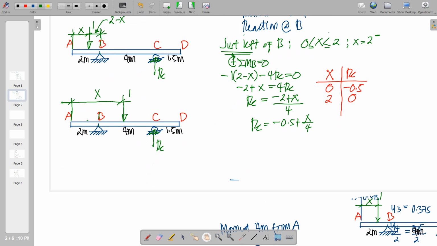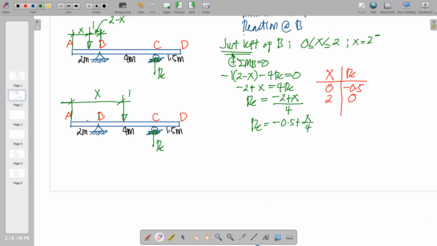Just the same, we will take moments at B in order to come up with RC. So just right of B, again we perform the summation of moments at B equal to 0.